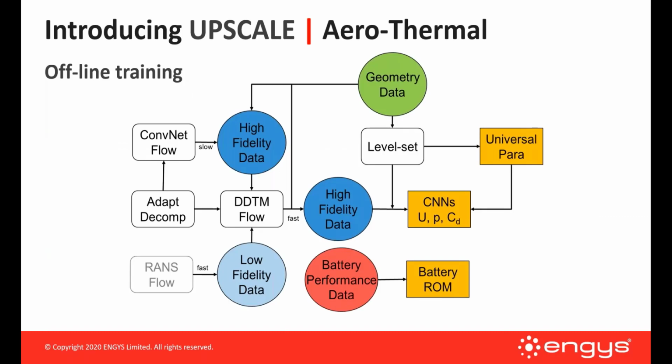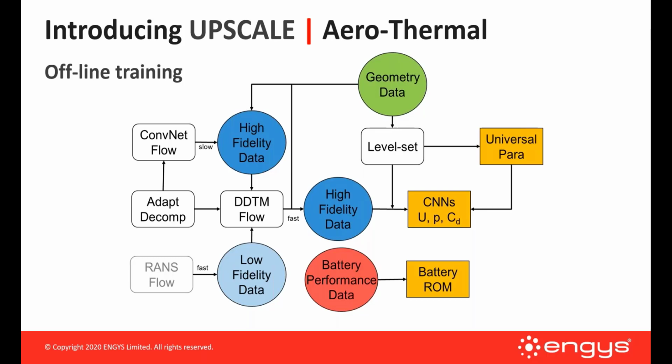So this is the offline training component. This diagram, I don't have to look at all the little plots and parts. It's just really a diagram of how the data will move and what components will be where and how they fit together. So basically we have an aim of building neural networks to predict the flow field, the pressure, and the drag on the vehicle. And then we can do that based on low fidelity data, that would be RANS, steady state, or high fidelity data, that would be LES or DES.